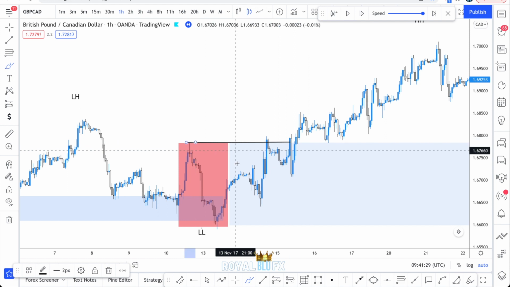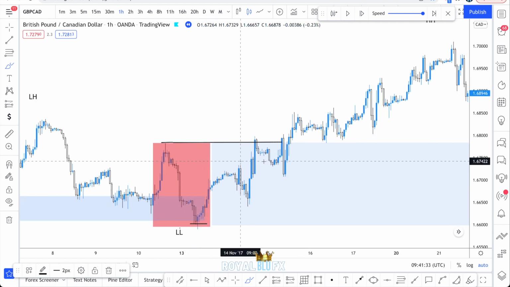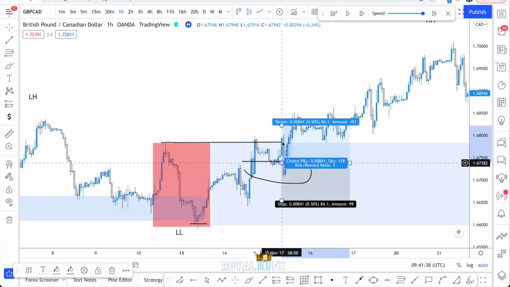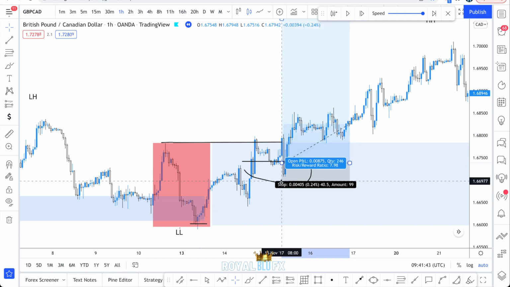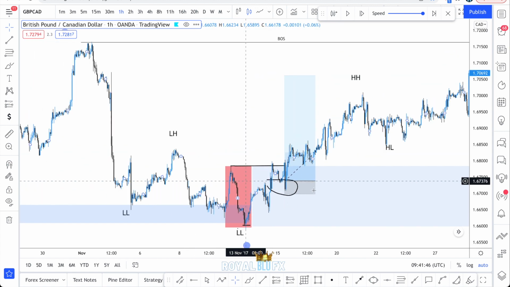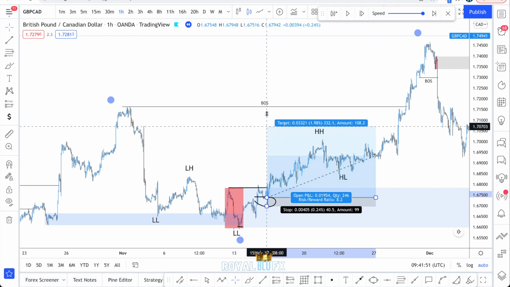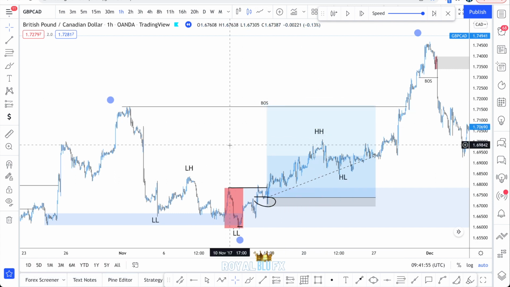There's that high that was broken, and here's that low, right? Notice when price pulls back, it comes back into an order block right in here, okay? And then an area of demand, and that's when you could have looked to confirm this entry, and then look to buy from here, risking just a little bit, right? And price would have gone your way, as opposed to risking so much, like that, right? That's a beautiful move, right?